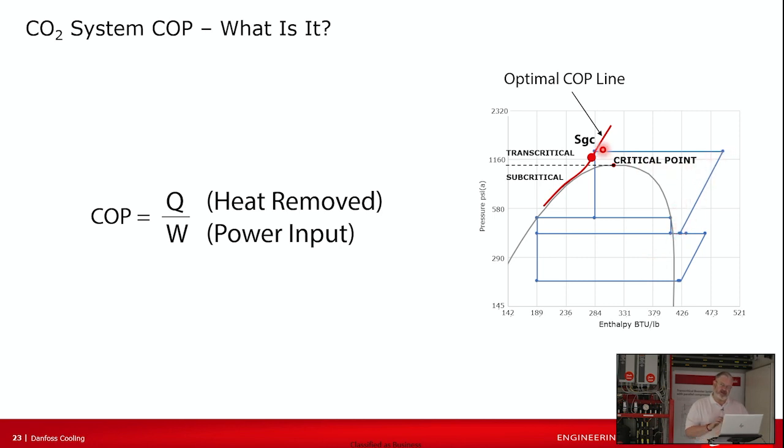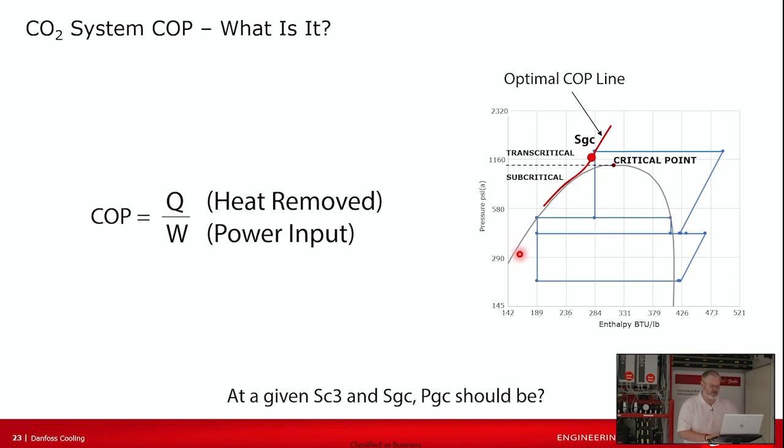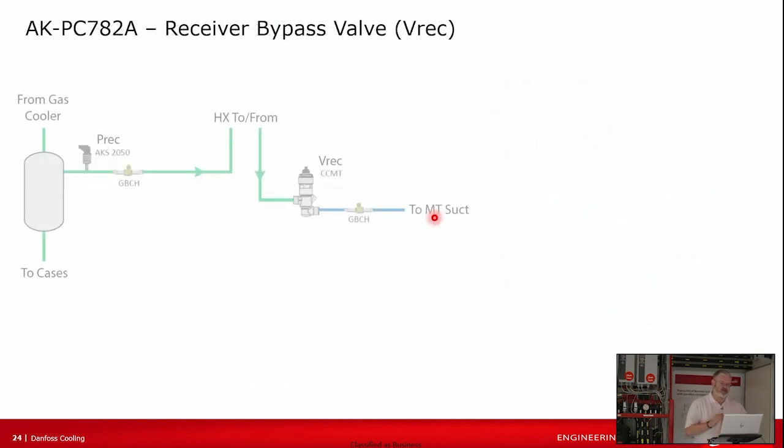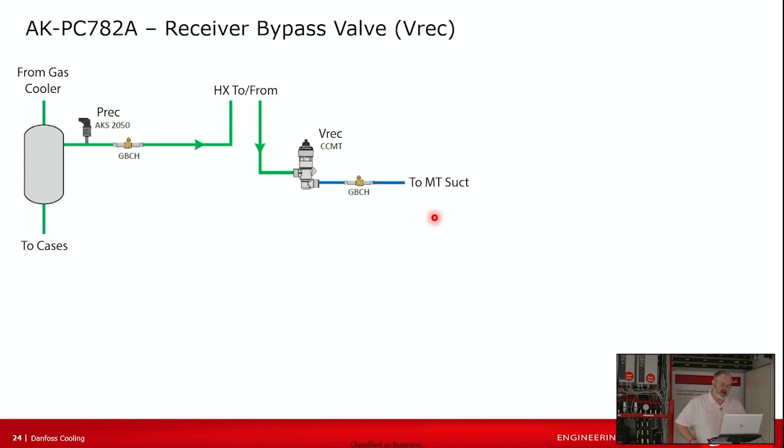So the high pressure valve, while it does serve the purpose of giving us liquid and warm ambience, really cares most about energy usage by your compressors and maintaining specific conditions in the gas cooler. And the last one on the control, the fourth area that we highlighted, is the receiver bypass valve. It's very simple.